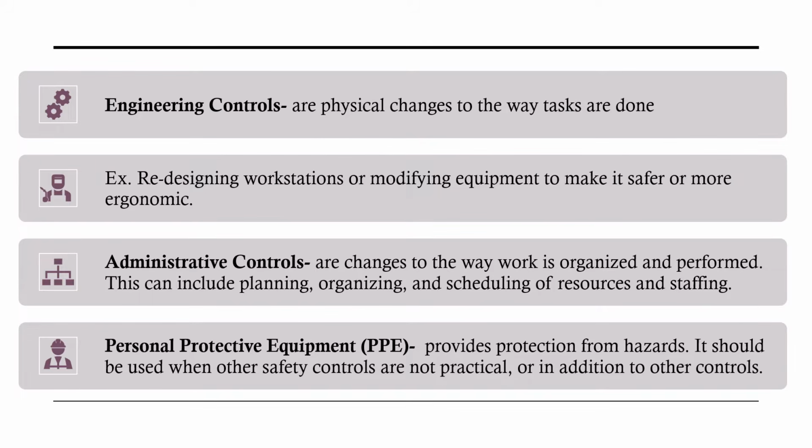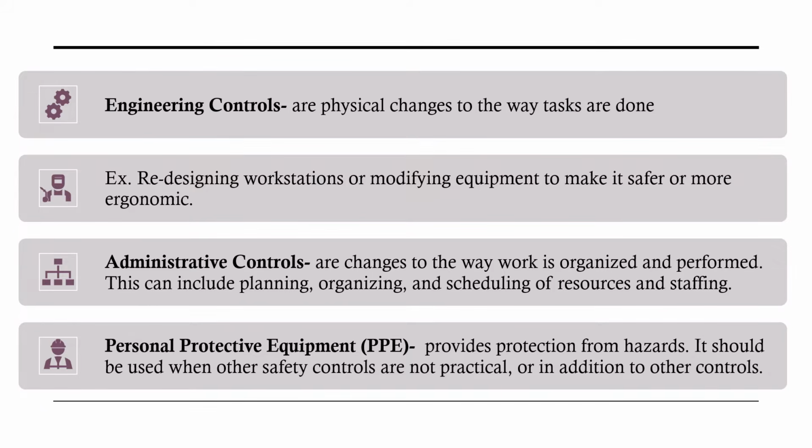Number two, we have administrative controls. Mainly we're talking about the policies and procedures for that particular dining area or kitchen. These are changes in the way work is organized, scheduled, and managed.